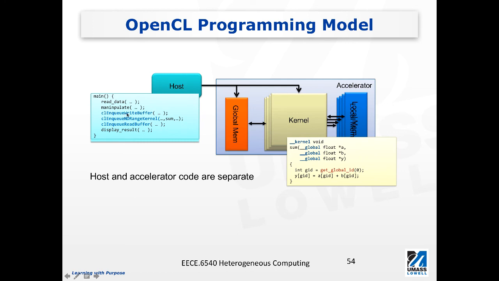In between write buffer and read buffer, typically we have the kernel launch. To be more specific, we have here clEnqueueNDRangeKernel. ND range kernel really means an n-dimensional kernel: we're going to launch a kernel named sum, or a vector multiplication in the previous case, and we say how many kernels we want to launch and what parameters we're going to give to this kernel function.